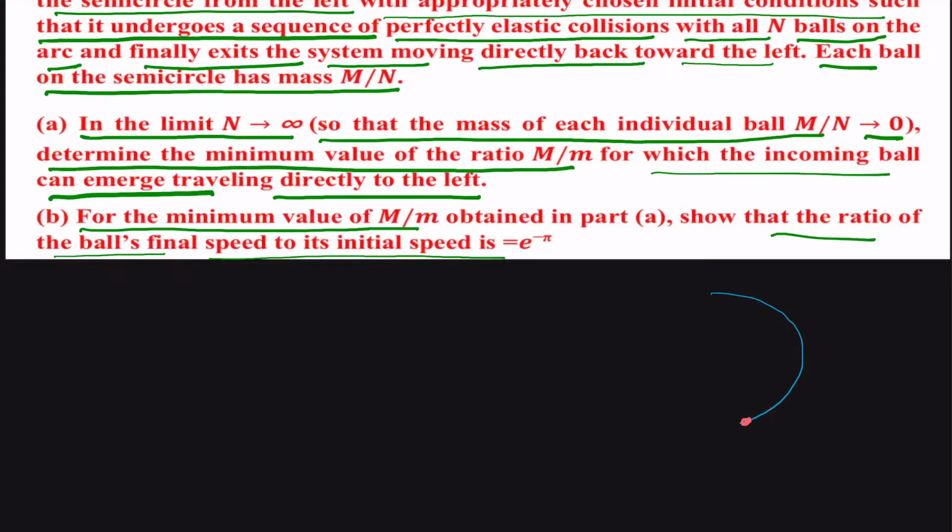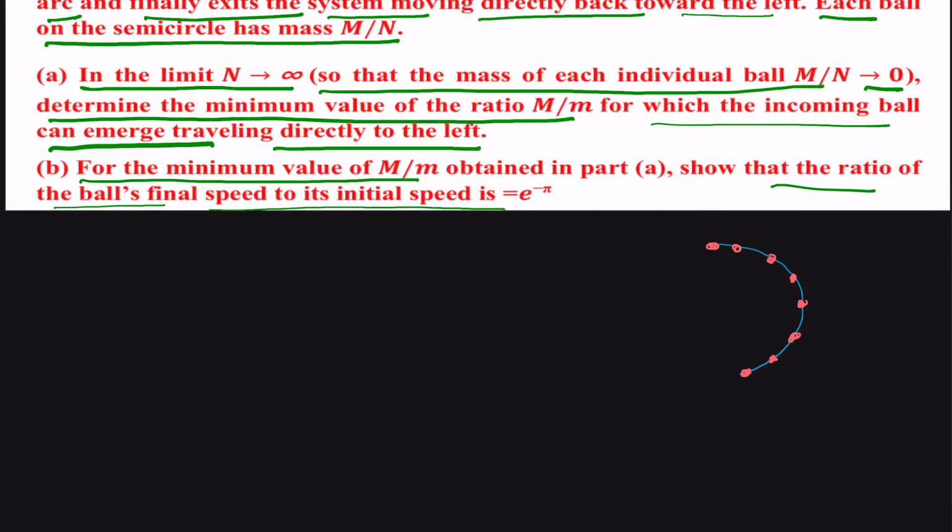So these are the balls which are arranged in the semicircle arc, something like this, and the total mass of all these balls is capital M, and the number of balls is our n, and we are given that we are having a ball of small mass m which is moving initially in this direction, and after collision with all these balls, it is coming out from exactly the opposite end. Okay, so this is the basic question diagram as per the question.